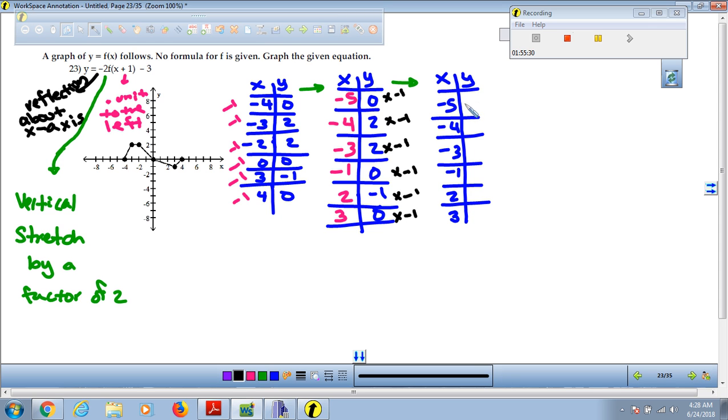So here, 0 times -1 is 0. This is going to be -2, -2, 0, 1, 0.